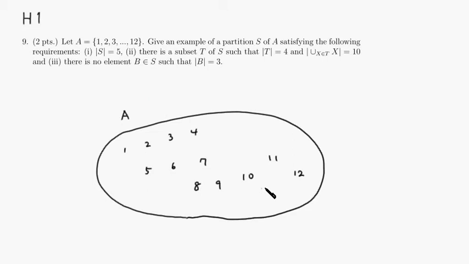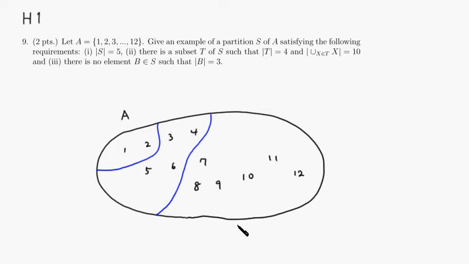So I'm going to do one example here. We just have to divide it into subgroups, but you can't have a 3-element group. So you can have a 2-element group: 1 and 2 together. And maybe I'll put 3, 4, 5, 6 together.